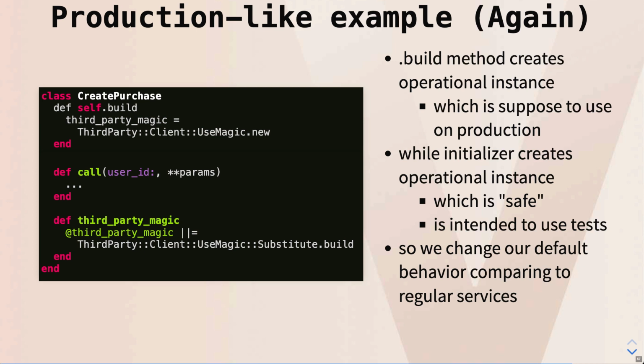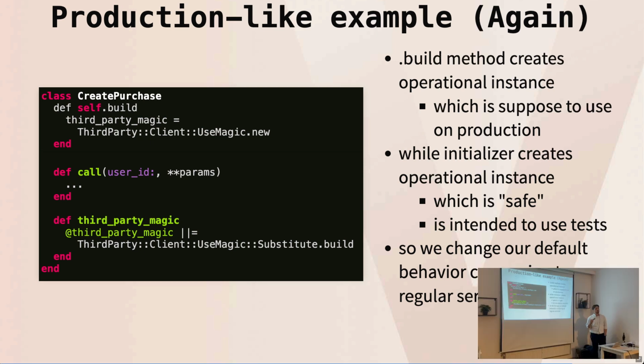Because we don't want to charge our credit cards, we don't want to send emails, etc. But in this case, by default, we create an instance which is safe. The purpose of the default instance is to be used as a testable instance. It will never be the purpose to use it in production.